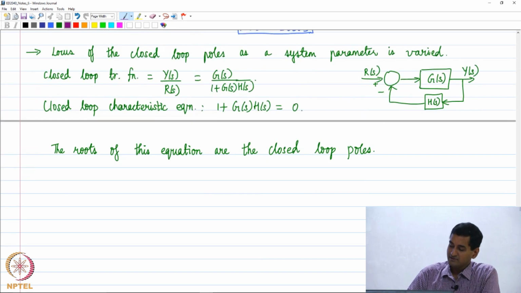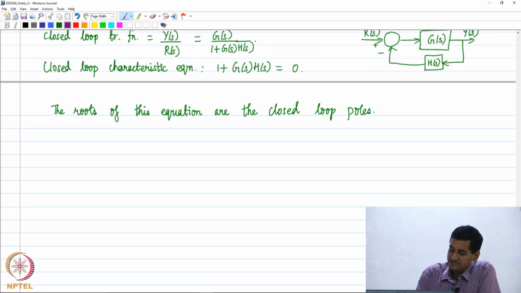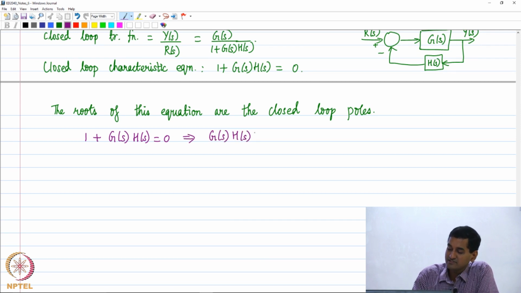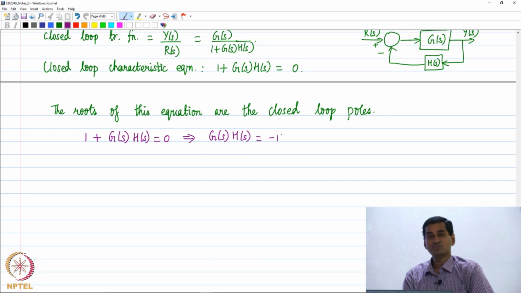Now let's look at this closed loop characteristic equation in more detail. If I write 1 plus G of s H of s equals 0, this implies that I can rewrite this equation as G of s H of s equals minus 1, is it not? I am just taking it to the other side.